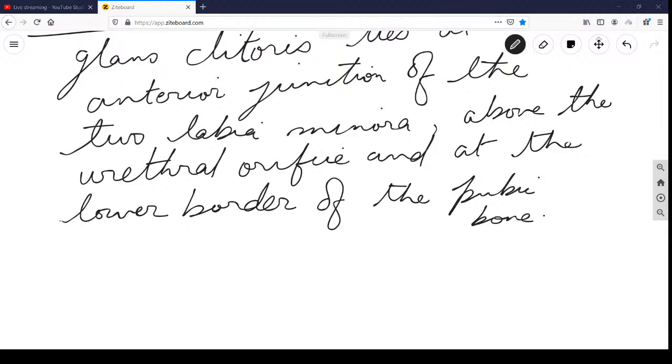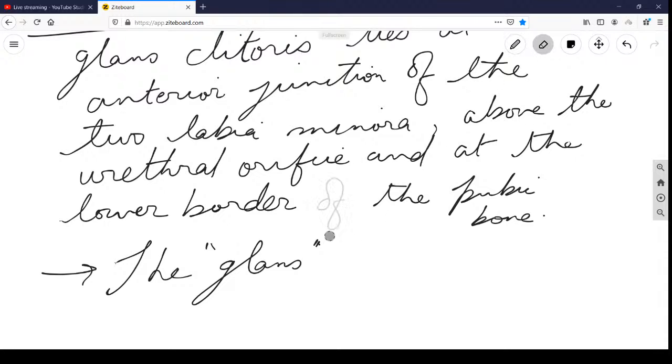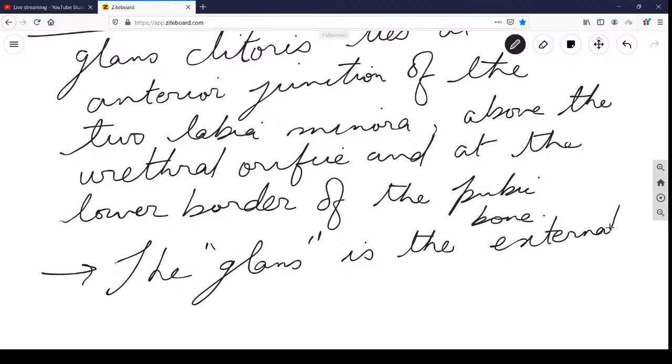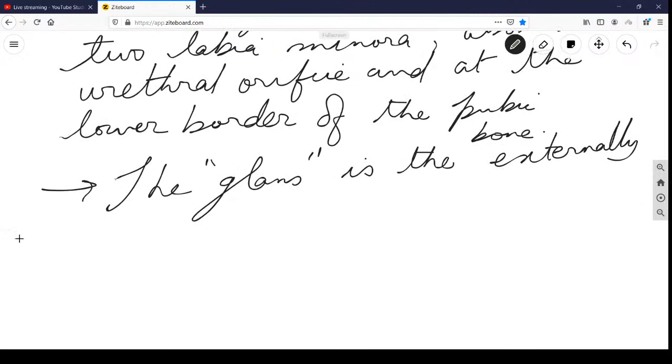So next up, the glans clitoris is the externally visible portion of the clitoris, or simply you can say the glans.